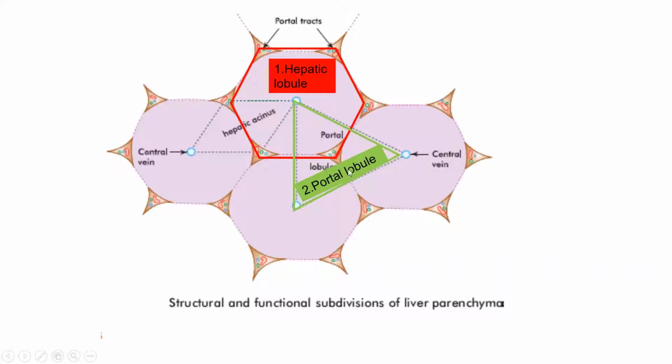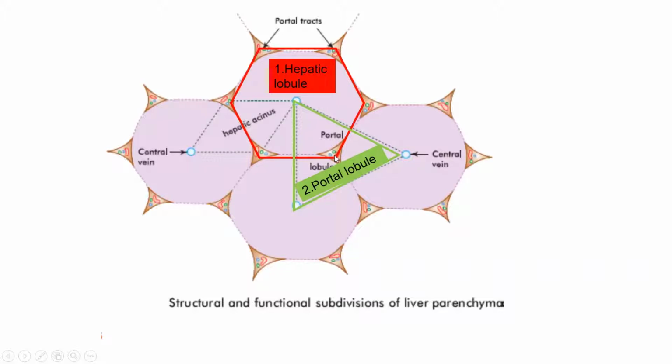This triangular portal lobule can be demarcated by drawing imaginary lines connecting the central veins of three adjacent liver lobules with the portal tract at the center, or in other words, it can be defined as areas of parenchyma that drain into the hepatic ductule present in the portal tract.